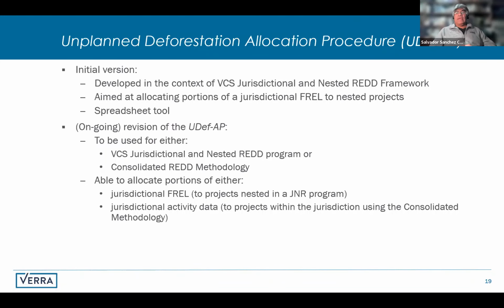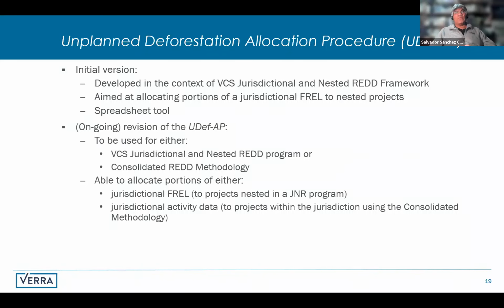On the one hand, it should be used either for allocating portions of the jurisdictional FREL within the context of the jurisdictional and nested REDD framework in a jurisdictional nested REDD program, or it can be used to allocate portions of the jurisdictional activity data to projects existing within the jurisdiction that use the consolidated REDD methodology.